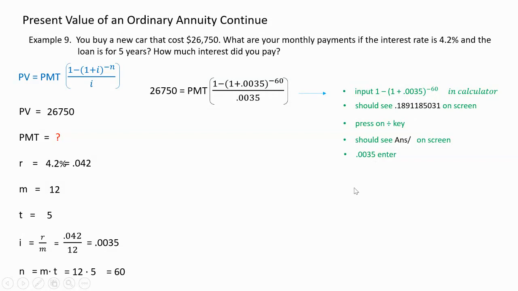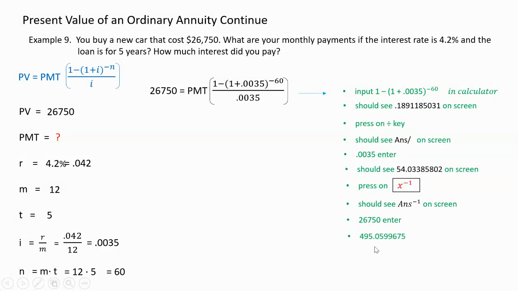After you enter that, this is what your screen should show: 54.03385802. Now you hit the inverse key to make it easier. When you press the inverse key, this is what you should see. And then you enter the amount on the left side, which is $26,750. So these are your monthly payments, about $495.06.